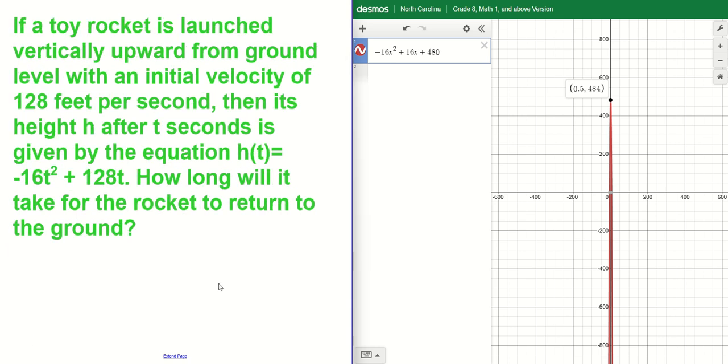All right, so this one, we got a toy rocket. It's launched vertically upward from ground level with initial velocity of 128 feet per second. Then its height h after t seconds is given by the equation there. How long will it take for the rocket to return to the ground?